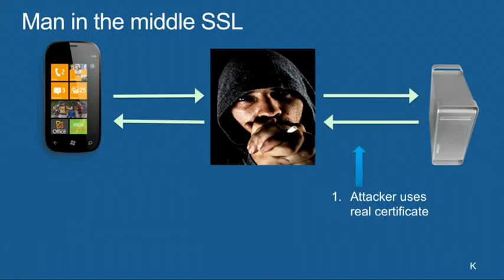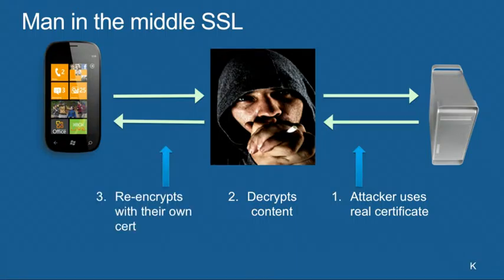What the attacker would do is talk to the server with the real certificate and decrypt the content locally, look at it, do whatever they want, and then re-encrypt it with their own certificate and send that on to the device. So the device thinks it's talking to the real server, but actually the attacker's in the middle of it, re-encrypting the traffic. And so that check, whether the certificate authority is trusted, is the one that's supposed to save us.